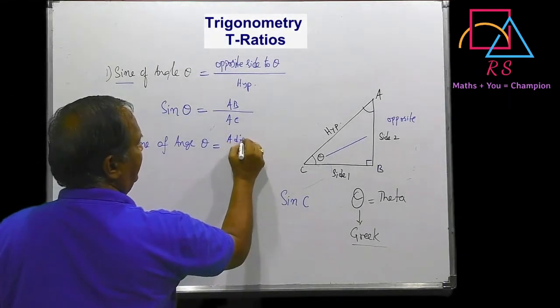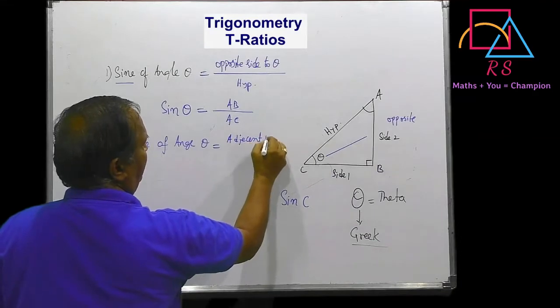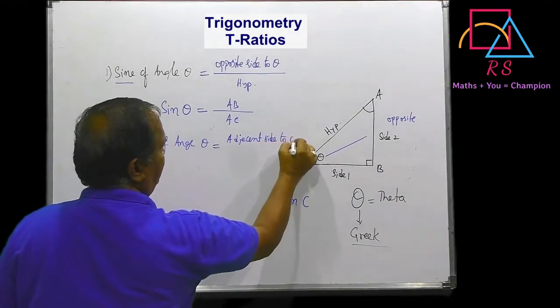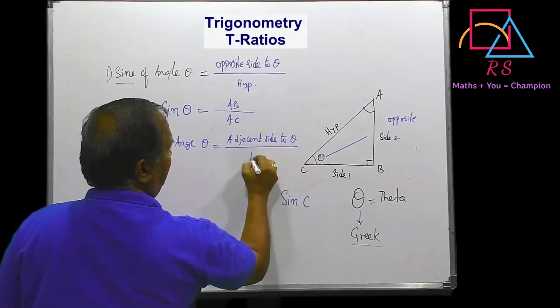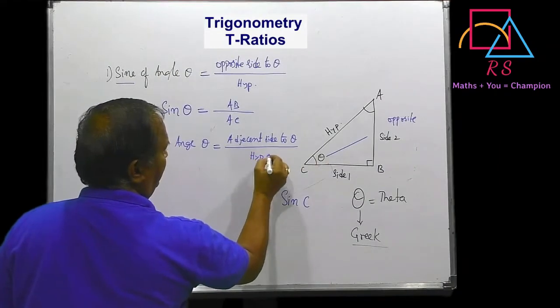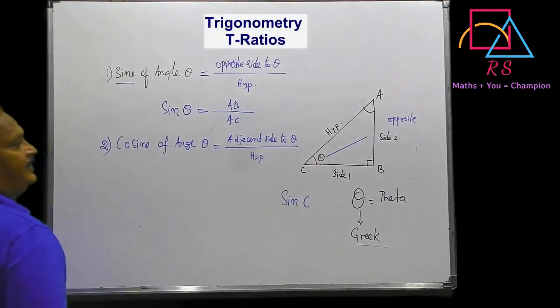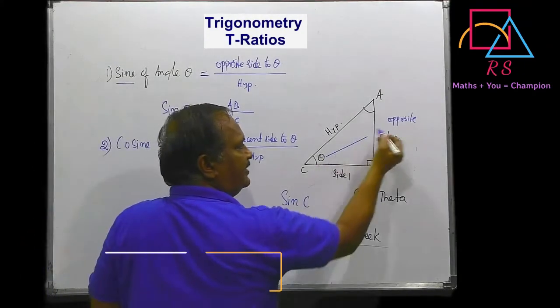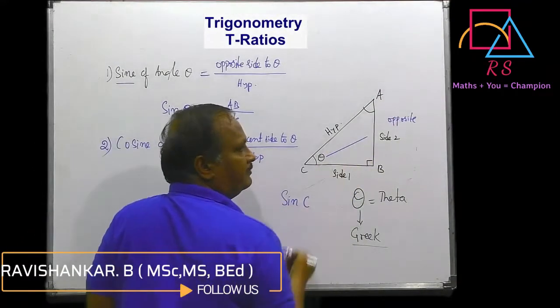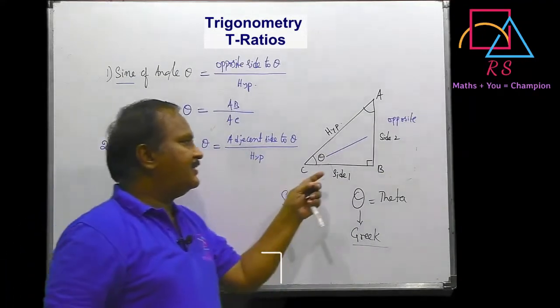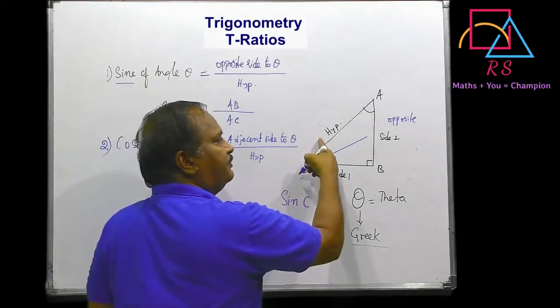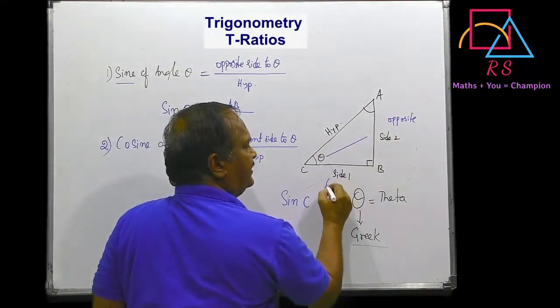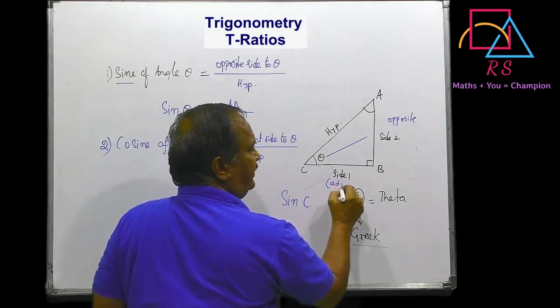Adjacent side to theta upon hypotenuse, right? So what is the adjacent side here? Opposite side is the side opposite to theta. Adjacent side is the other one. Already one name is hypotenuse, one is opposite side. You can have this as the adjacent side.